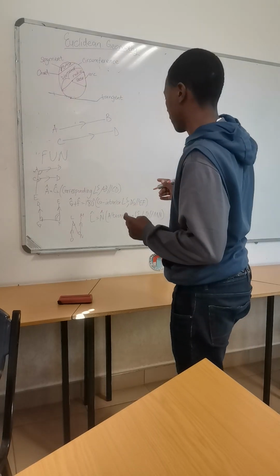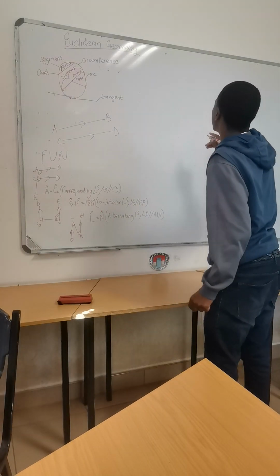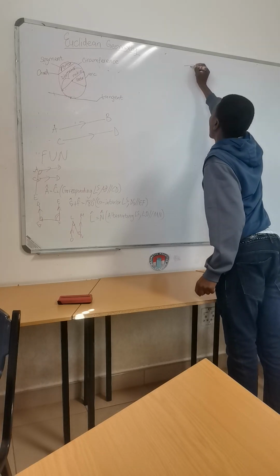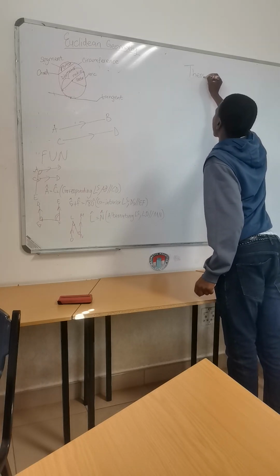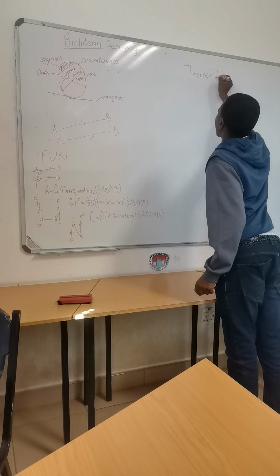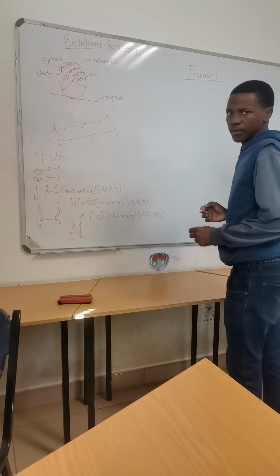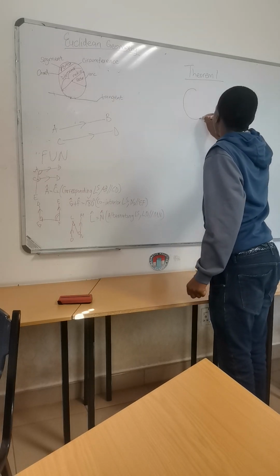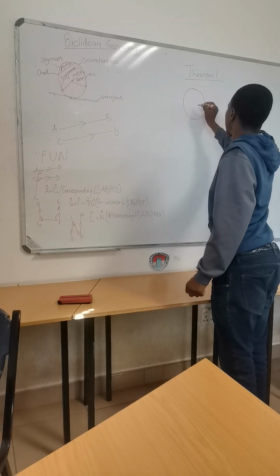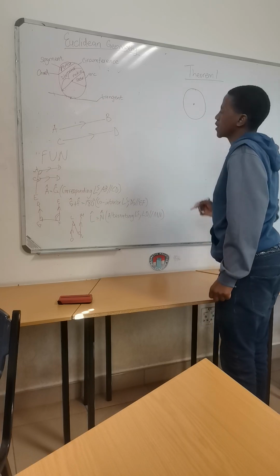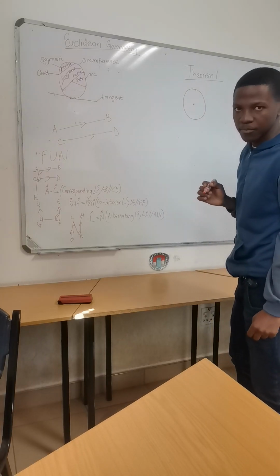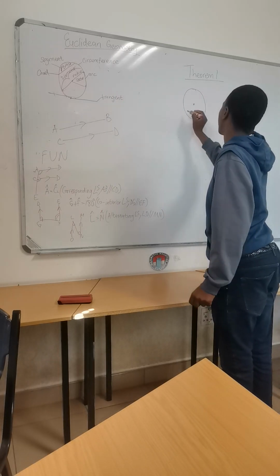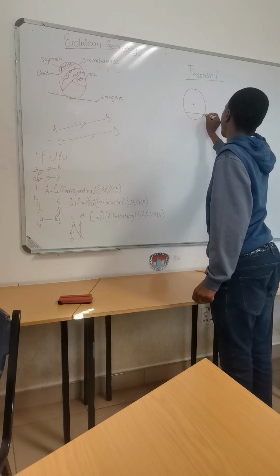And then, as we continue, we have theorem 1. Now we have a circle with the center of the circle, and again we have a chord.